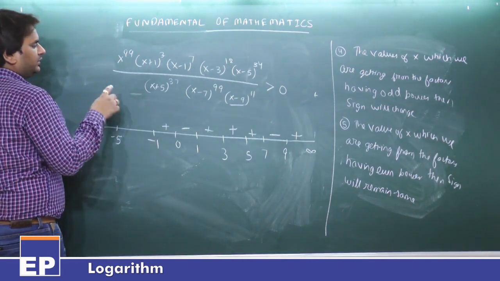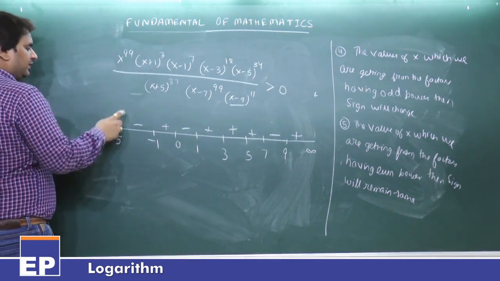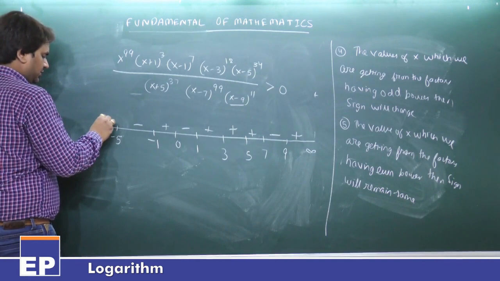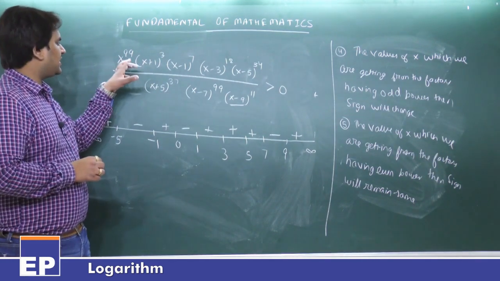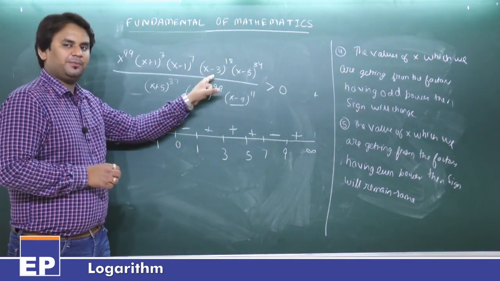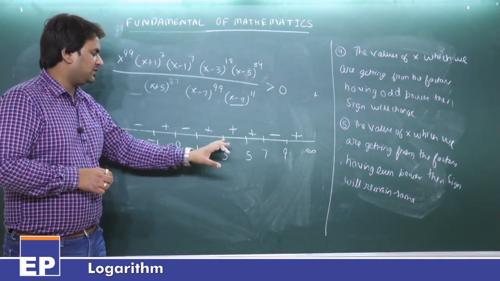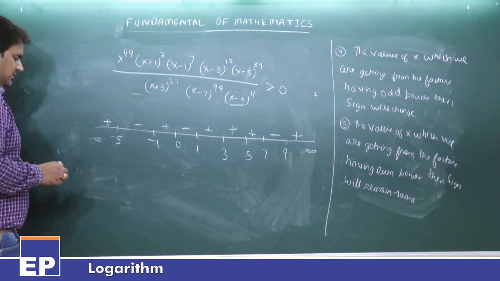At -1, the sign will also change, because -1 I am getting from an odd factor. -5 I am getting from power 37, then sign will change. So two factors are having even power. This is having odd power, odd power, odd power, odd power, odd power, odd power. This is having even power, even power. In case of even power, 3 and 5, we have kept the sign the same. Now we have to write the answer.